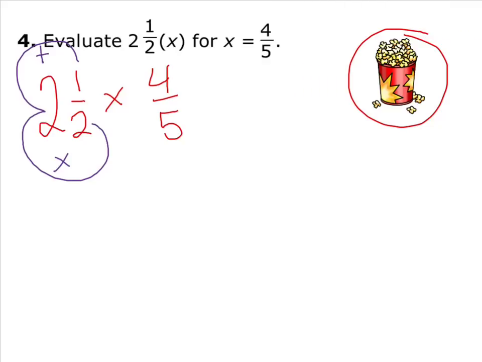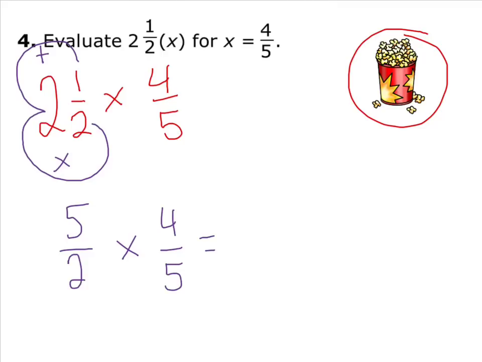2 times 2 is 4, plus 1 is 5. So 2.5, written as an improper fraction, is going to be 5/2 times 4/5.